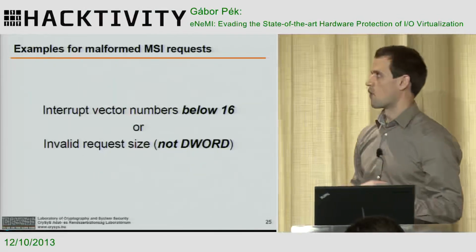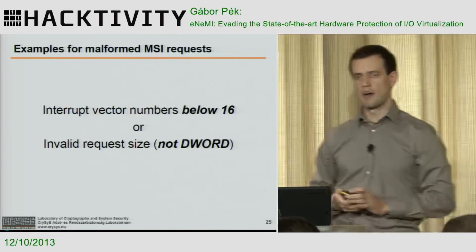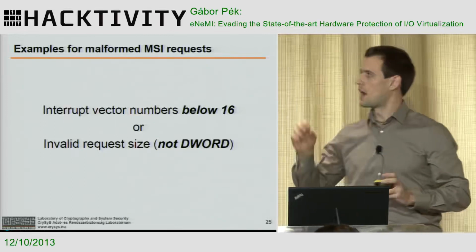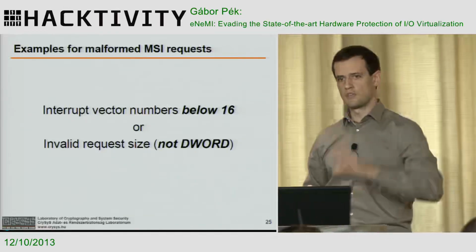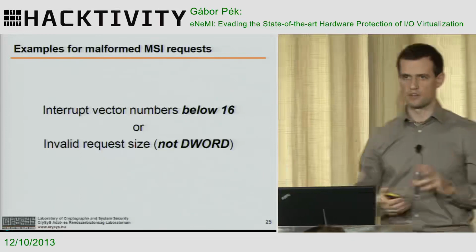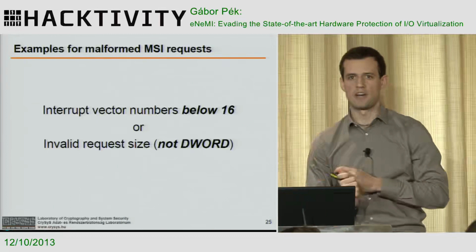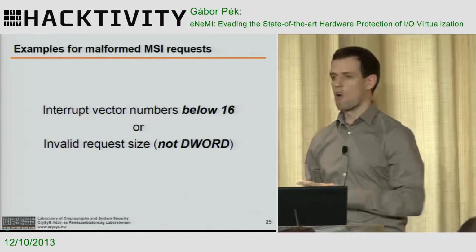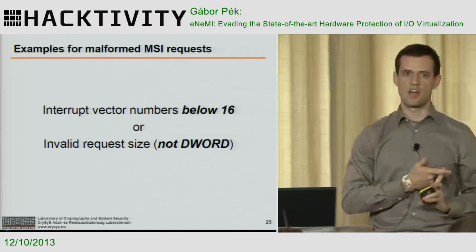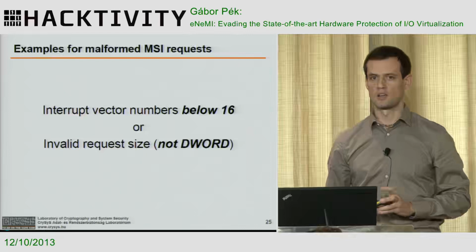Examples of malformed MSI requests. I saw that I can trigger really weird behavior on the hardware if either of two conditions is met. First, if I specify an interrupt vector that is below 16, I can create an anomaly. Or if I change the size of the MSI request, I can create an anomaly as well.